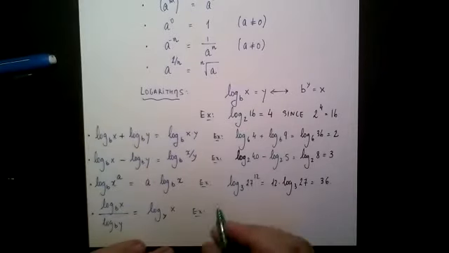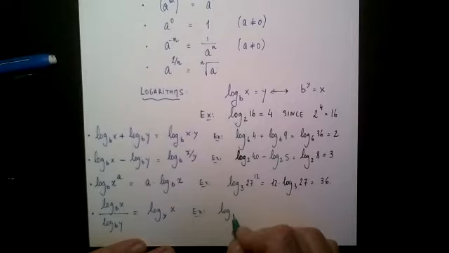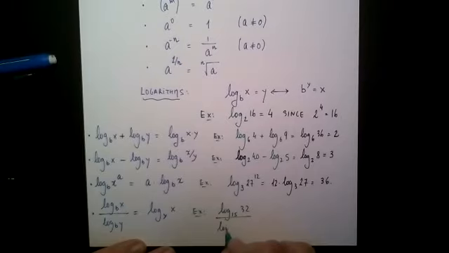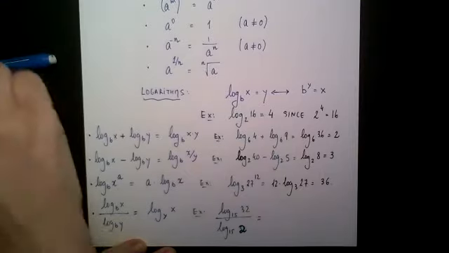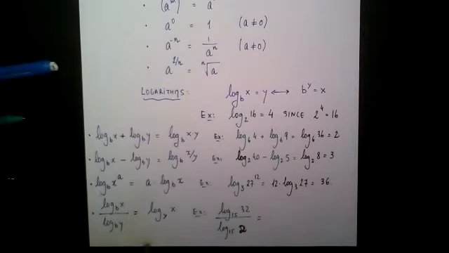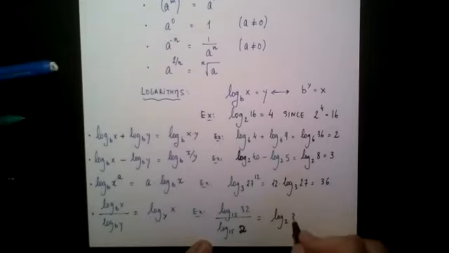And last one here. Log in base 15 of 32 divided by log in base 15 of 2. Sorry, not of 32, let's say of 2. What is that? Well, my rule tells me that it's log in base 2 of 32.